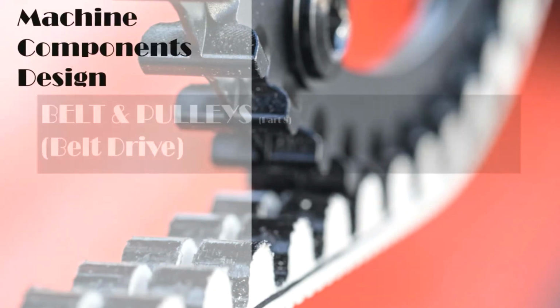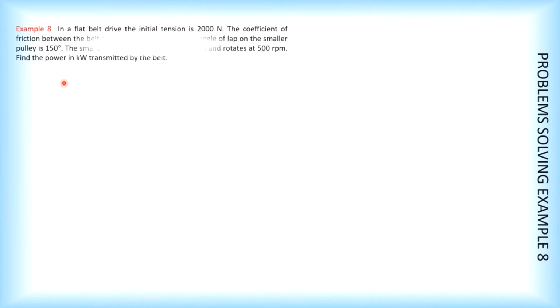Okay, example 8. In a flat belt drive, the initial tension is 2000 Newton. The coefficient of friction between the belt and the pulley is 0.3, and the angle of lap on the smaller pulley is 150 degrees.